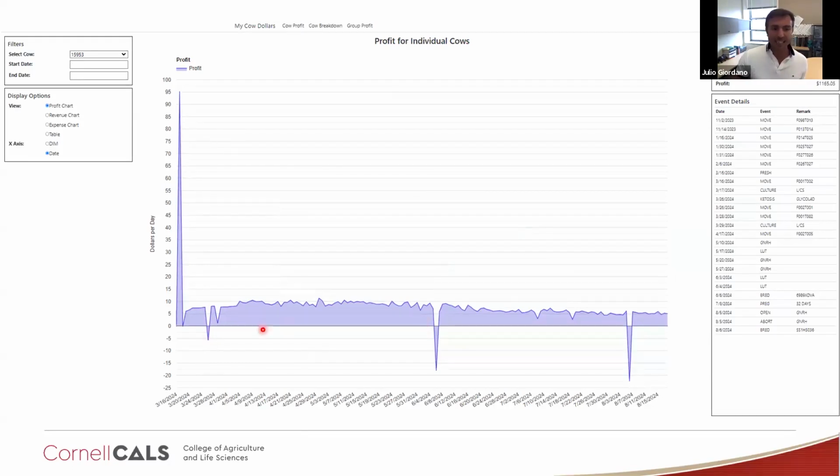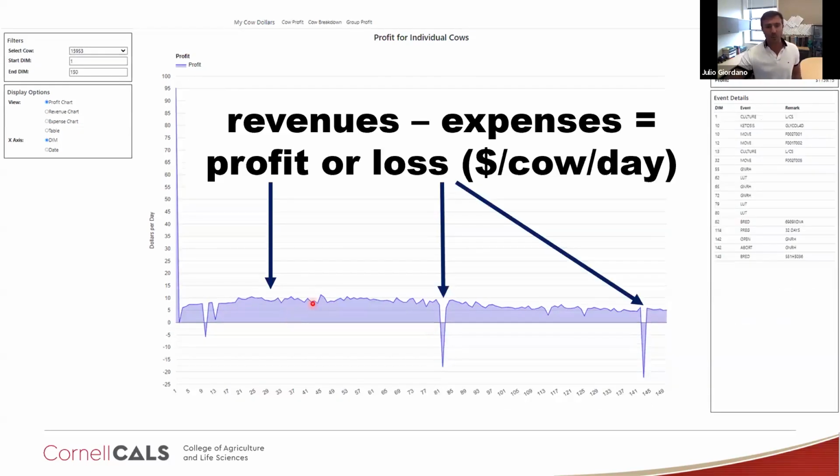And if anyone is paying attention, here is the 0 line. So you can see when the cow is profitable, at least considering the revenues and expenses that we are accounting for, versus when the cow is at a loss. Of course, this is a daily estimation, so it is expected that the cow is at a loss at times. These are breedings, which we actually have as events. We ingest the events from the dairy herd management software, and that's what we use for the calculations that I'll describe.